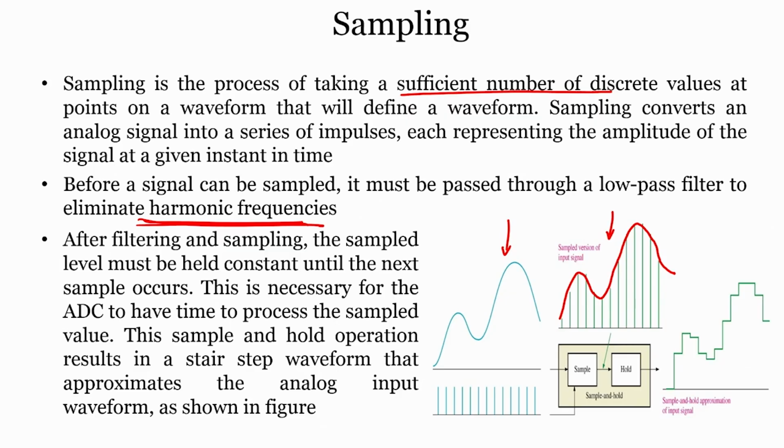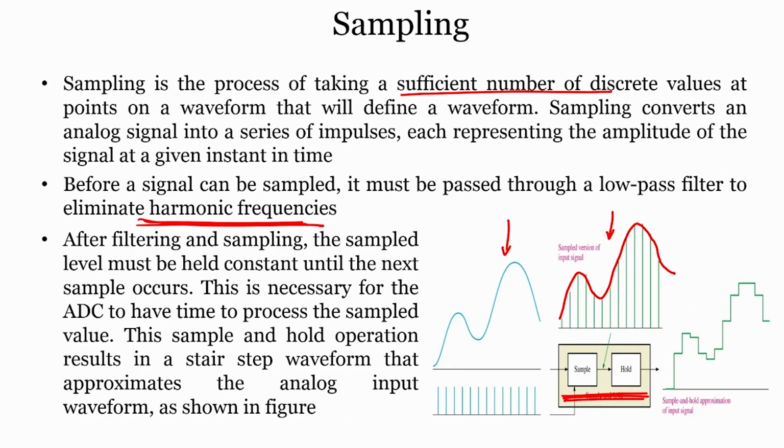Now, after filtering and sampling, the sample level must be held constant until the next sample occurs. So, once you filter and sample, you have to hold that value until the next sample. This is necessary for the ADC to have time to process the sample value. This is done with the help of a sample and hold circuit, right.